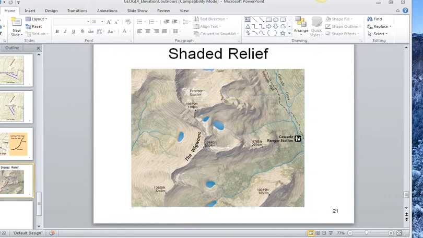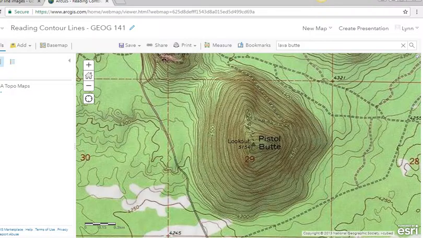So I want to open up this cinder cone. And this is Pistol Butte. It's in Oregon. It's near Lava Butte, and it's the Pistol Butte Lookout. And you can see that these contour lines are very close together.